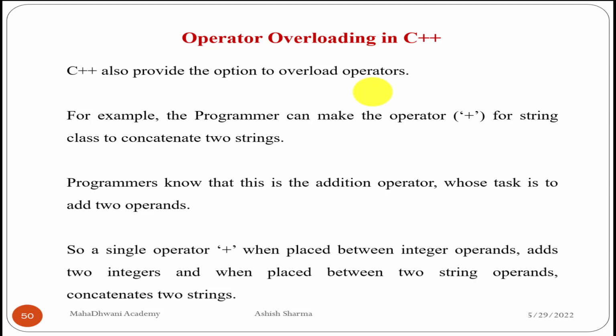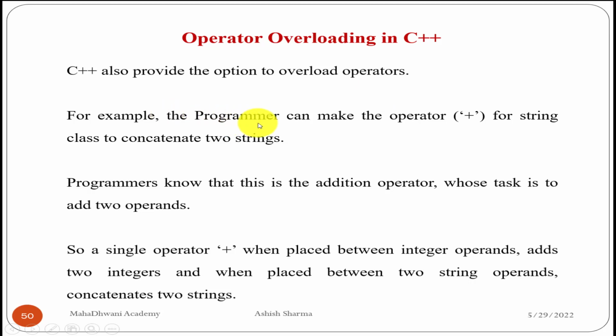It will append the two strings together. Like if we have one string ABC and we use the plus operation with another string XYZ, we will have the result ABCXYZ together. So this is called concatenation.